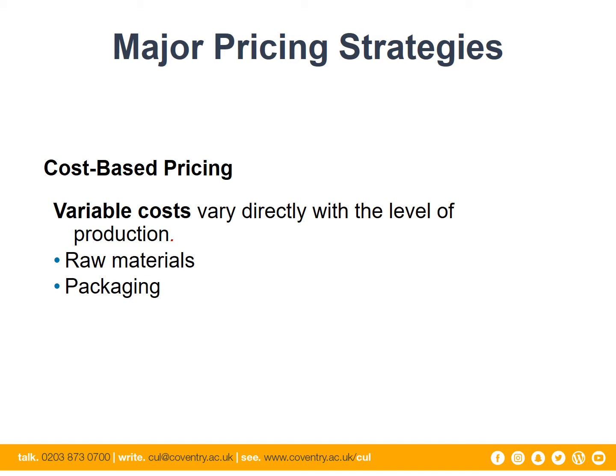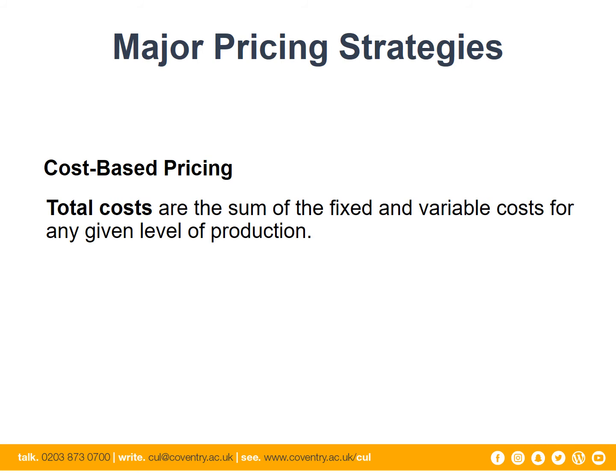So the greater the production levels, normally up to a certain level, you can actually get reduced variable costs because of the increase in the number that you're producing. So cost-based pricing, the total costs are the sum of the fixed costs and the variable costs for any given level of production, and it's really determining what the total costs are to eventually work out what the break-even point is for the number of units that you need to sell at a certain retail price to meet the total fixed costs and variable costs.